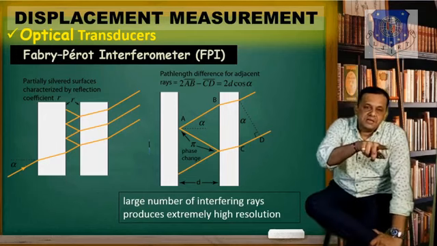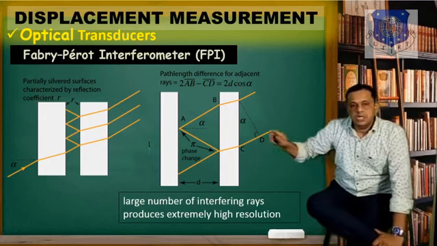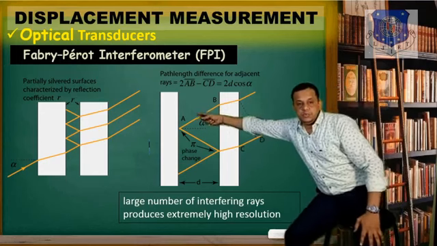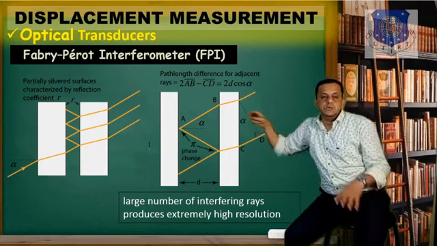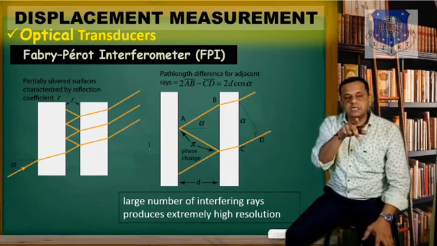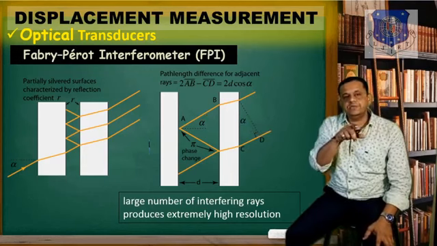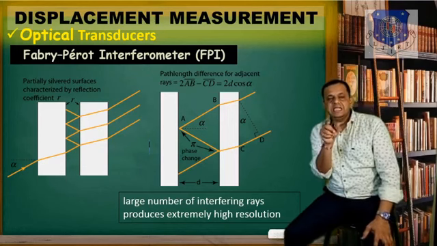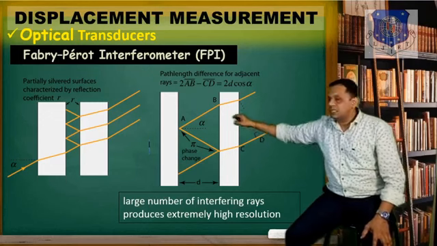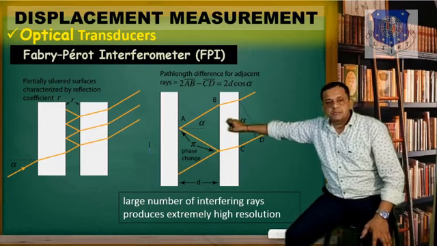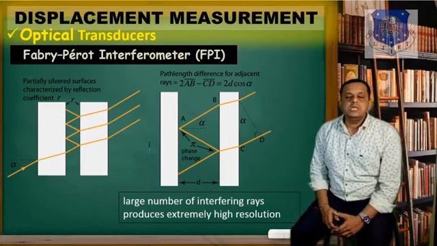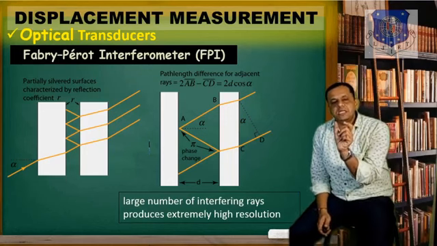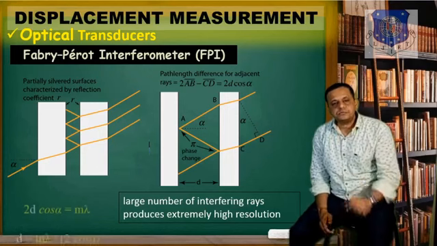Here you see the angle alpha in the first diagram, and in the second diagram, the rays that are reflected and internally interfering, and then they are making one image. The path length difference can be calculated by using 2AB minus CD equal to 2d cos alpha, where small d is the distance that we have to measure.